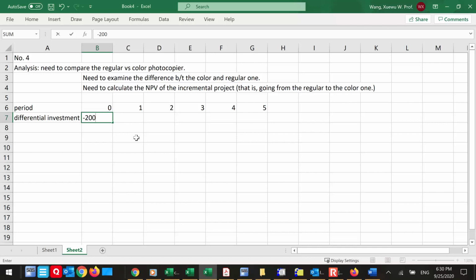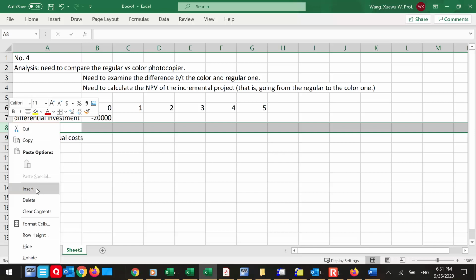So the differential investment is 20,000. Now I'm going to look at the cash flows in years 1 to 5 for this incremental project. First, let's look at the increase in the revenue.